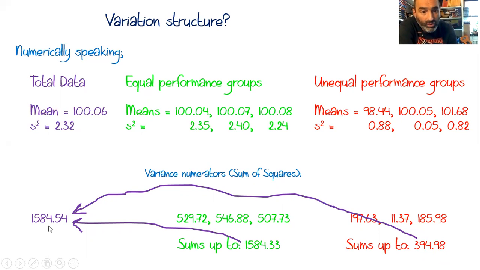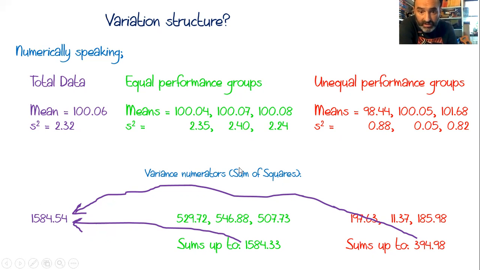So the total sum of squares is 1,500 something, 1,600 almost, and only about 400 of that is because of the within group variation here. That means the rest, almost 1,200, of this variance is made of between group variance.